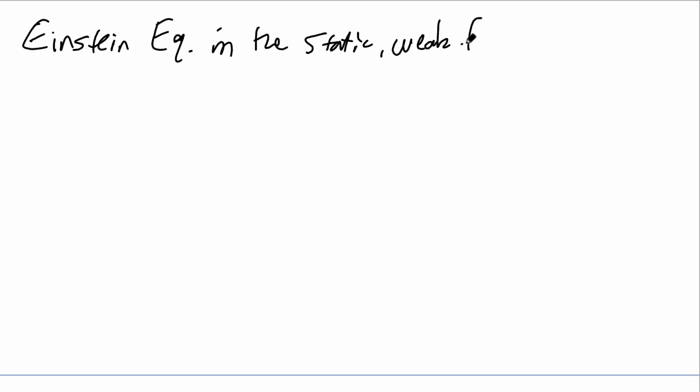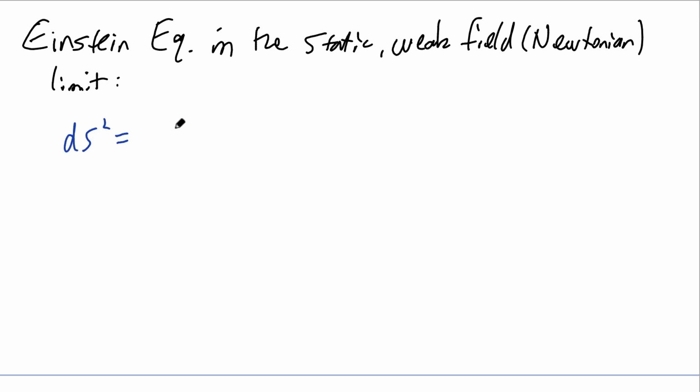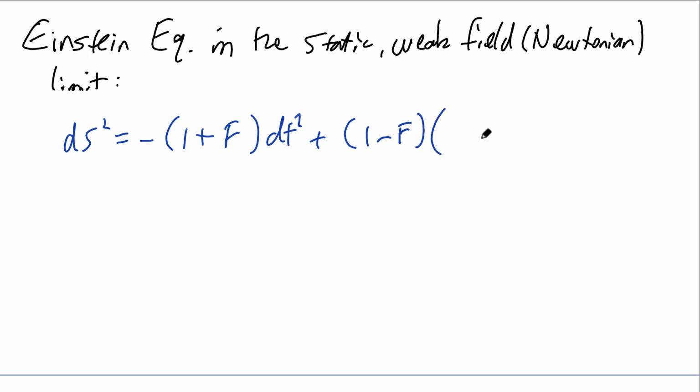So the Einstein equation in the static weak field limit, or sometimes called the Newtonian limit, tells us that the metric can be written in the form of minus (1 plus some function f of the spatial coordinates) dt squared plus (1 minus this same function f) times the metric for flat Euclidean space.